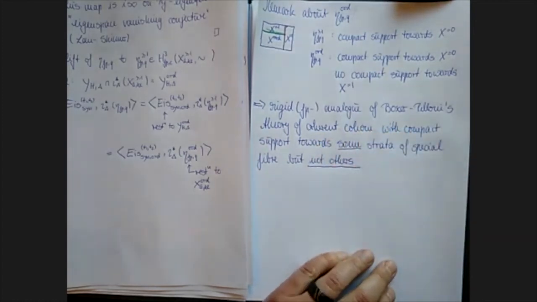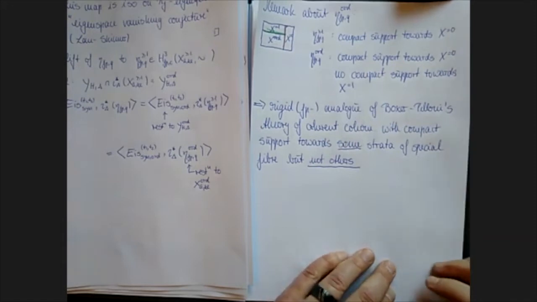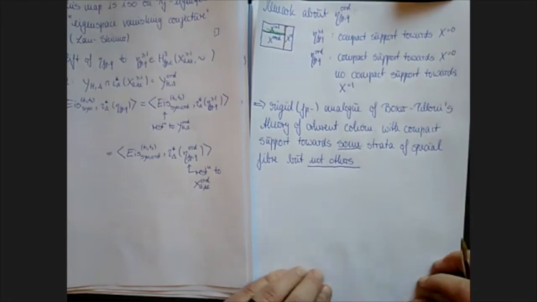So, we discovered that independently of Boxer and Pilloni, and we were rather amused when we told Vincent about our discovery, and he then told us that he had made the same discovery turning up in the theory.